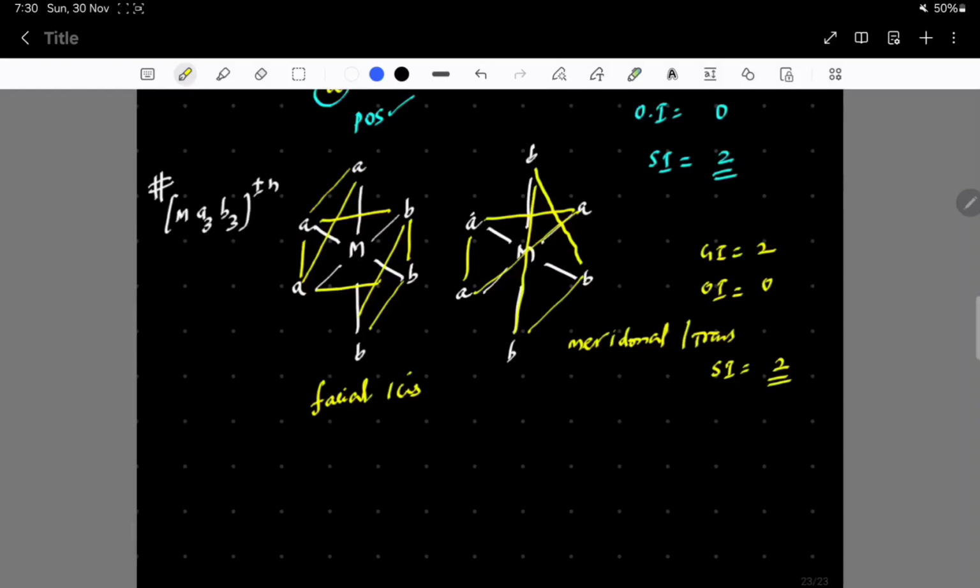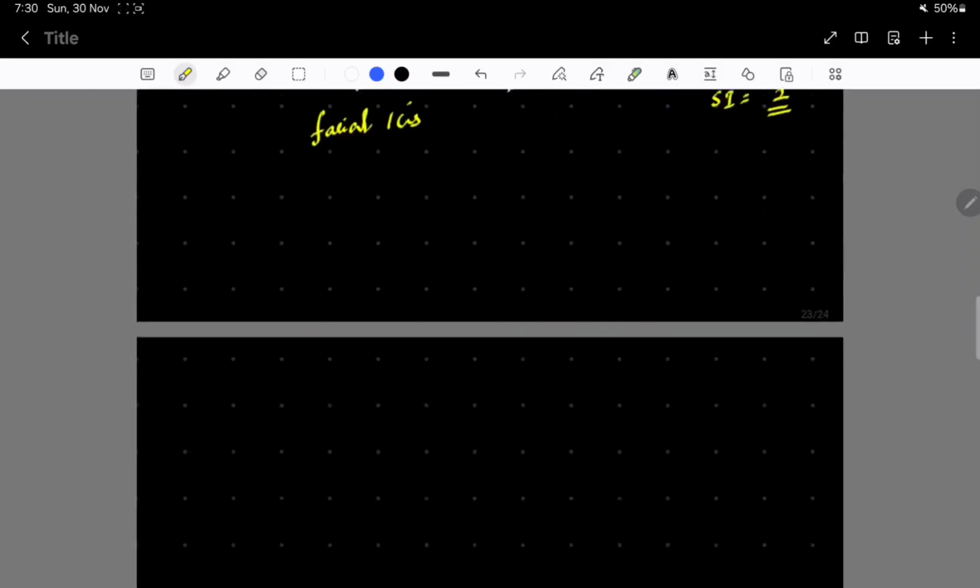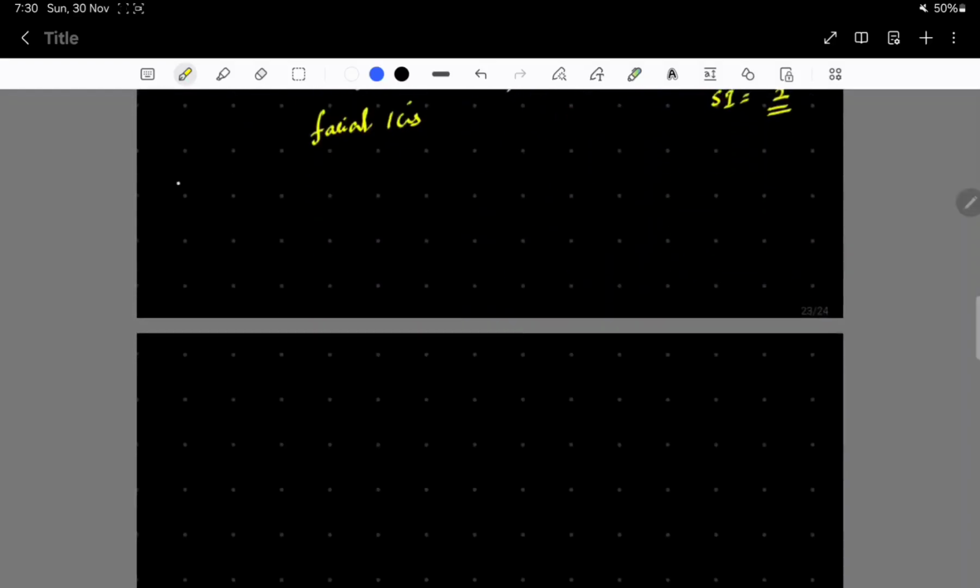Now we will move to one more example. I will take one more example, that is M, A, B, C, D, E, F. For this particular complex, how many possible isomers are there? We will check. Now look, I will keep A2B trans.